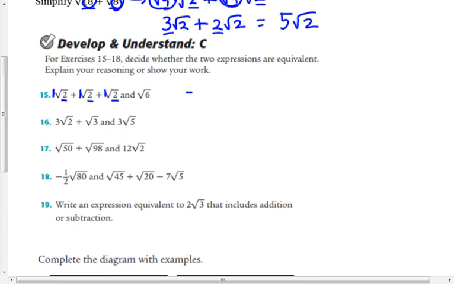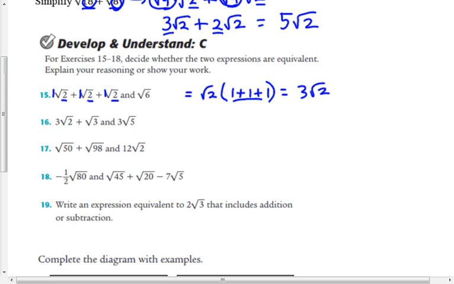So I can rewrite that as the square root of 2 plus the square root of 2 plus the square root of 2. Using the distributive property, we have the square root of 2 multiplied in every one of those. So 1 plus 1 plus 1 times the square root of 2 is 3 times the square root of 2.